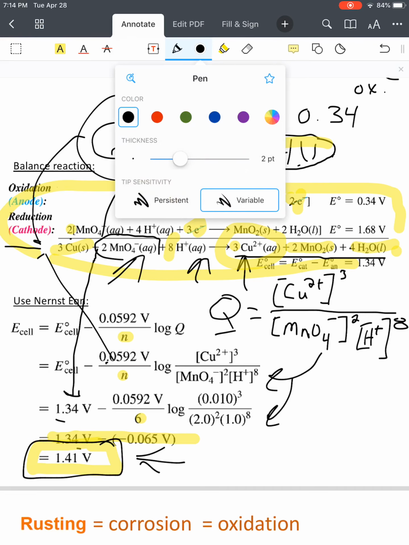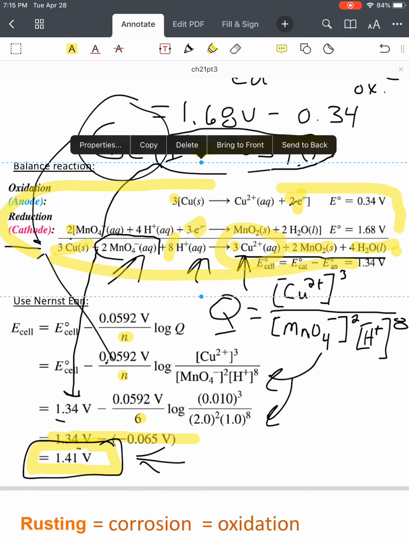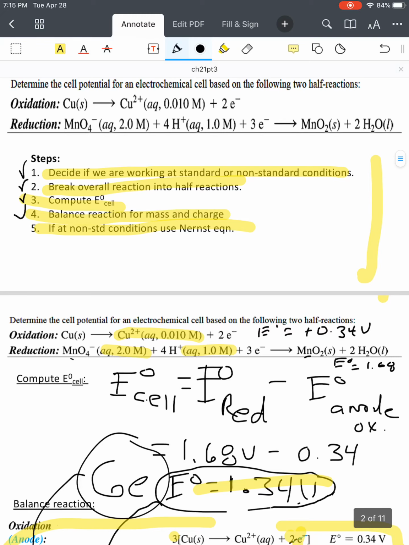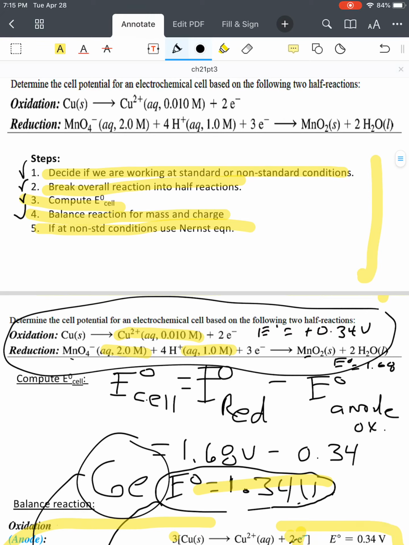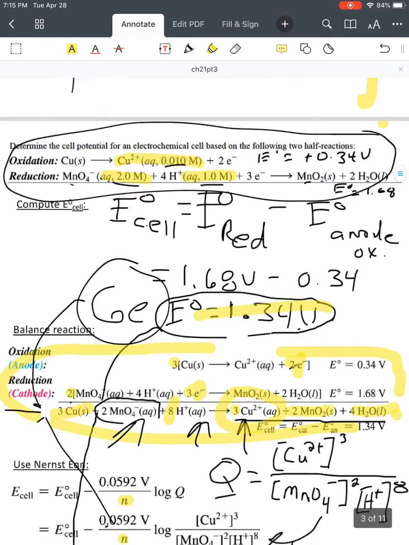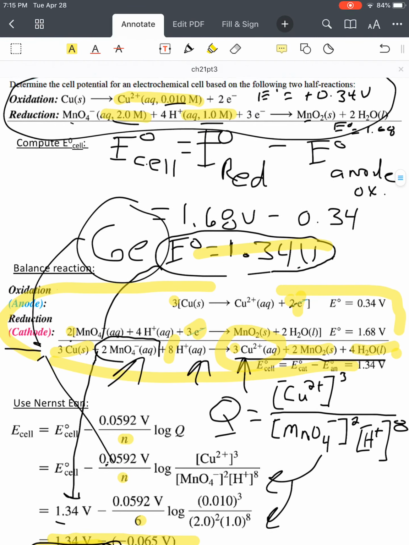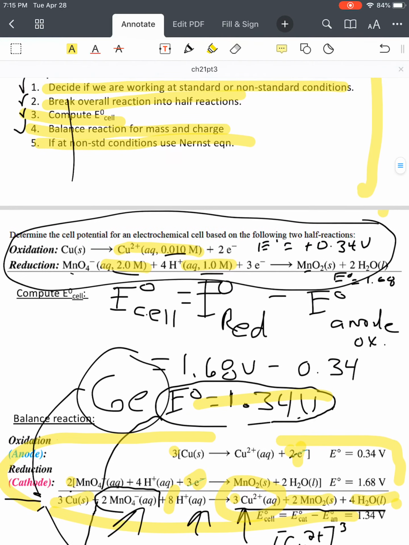So basically, if you did set up this electrochemical cell under these non-standard conditions that were specified right here for these reactions with these concentrations, what this problem says is that the cell potential that your voltmeter would read would indeed be 1.41 volts once all is said and done. Alright, so what we've just shown is use of the Nernst equation to compute non-standard cell potentials.